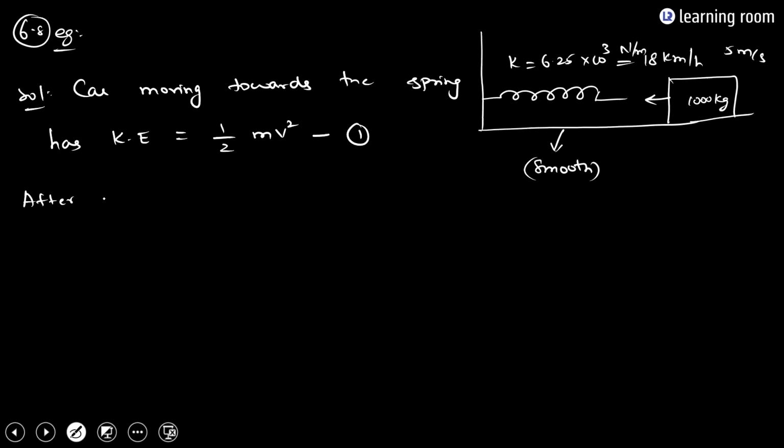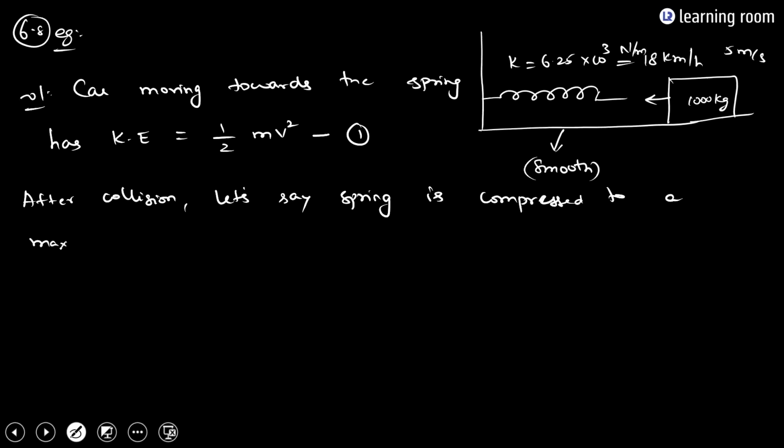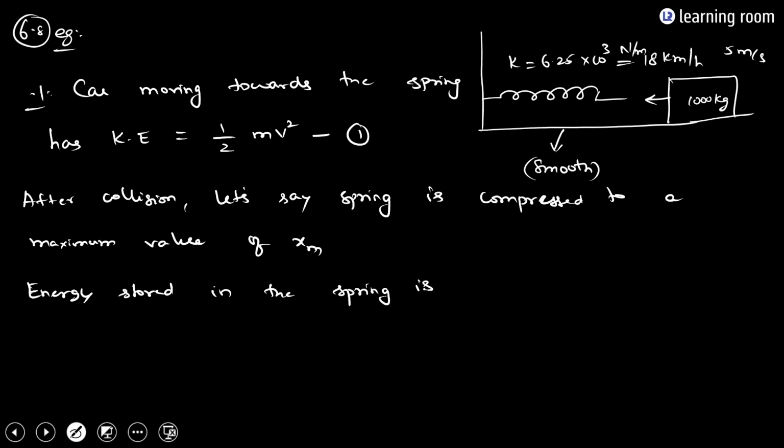After collision, let's say the spring is compressed to a maximum value of xm. Then the energy stored in the spring is half k into xm square.